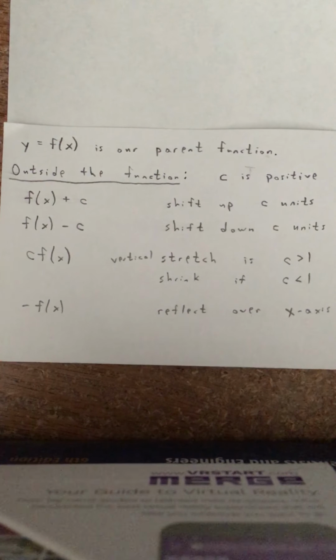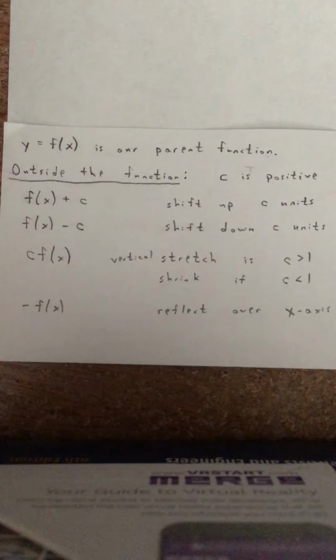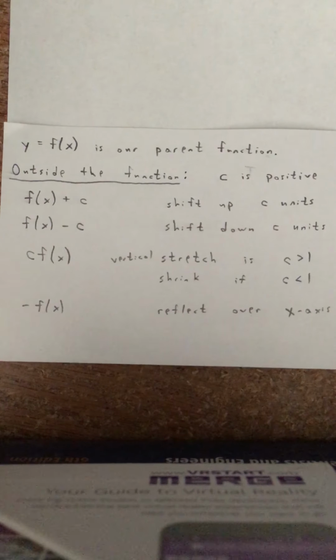So the first thing is that our function is going to be y equals f of x, and we're just going to go over some basic definitions. So there are some transformations that you can do outside of the function, and then some that you can do inside the function. First, the ones that can be done outside of the function. So assume that c is some positive number, maybe 2 or 3 or 7 or whatever you want it to be.